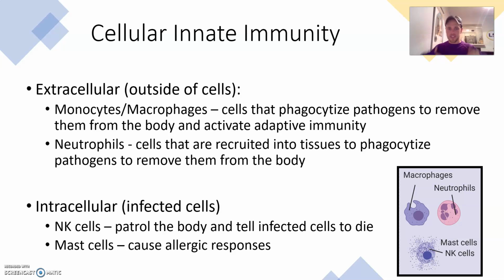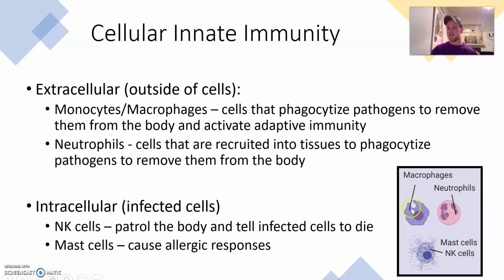When bacteria enter, let's say you get a cut on your arm, neutrophils come out of the blood, which is called being recruited into the tissues, and they do the same thing that macrophages do, in that they phagocytize pathogens.